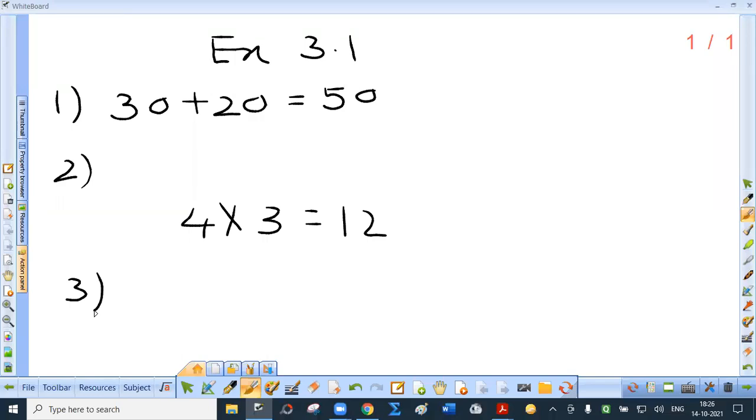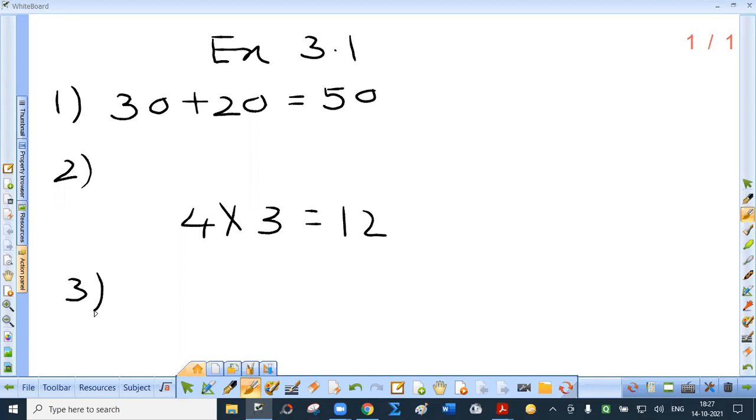See, there are how many? 5 distinct letters in the word SPACE. Now, the first letter can be selected in 5 ways. Repetition is allowed, so the second letter can also be selected in 5 ways. Note that it is a 2-letter word, so 5 into 5, that is 25.